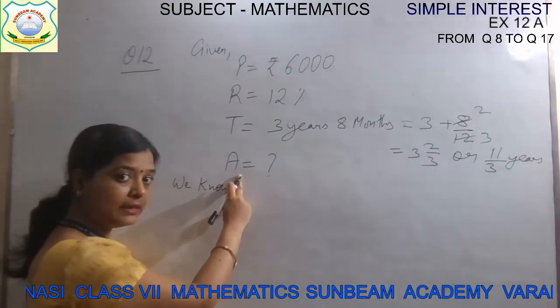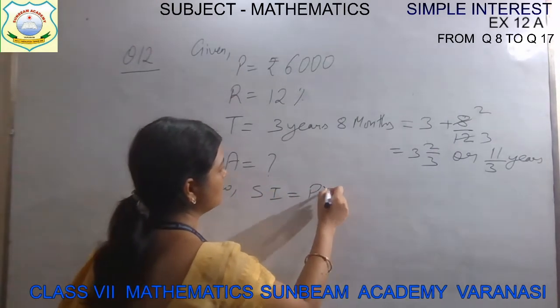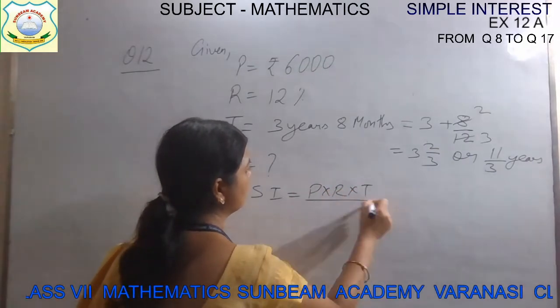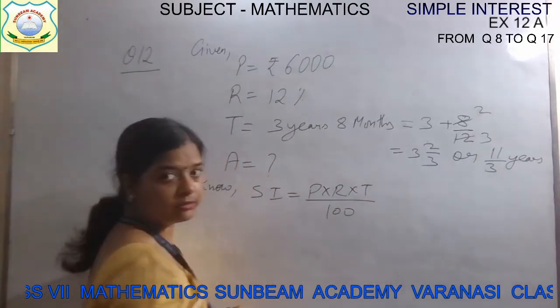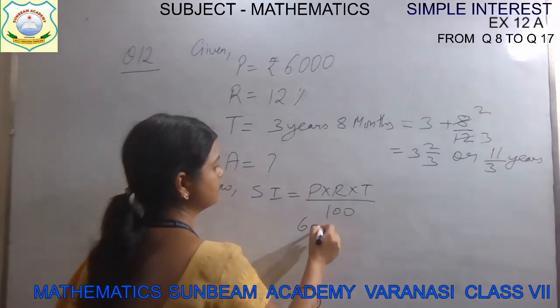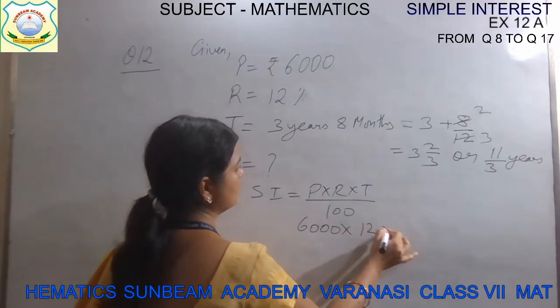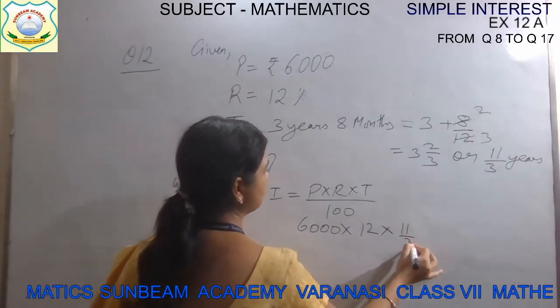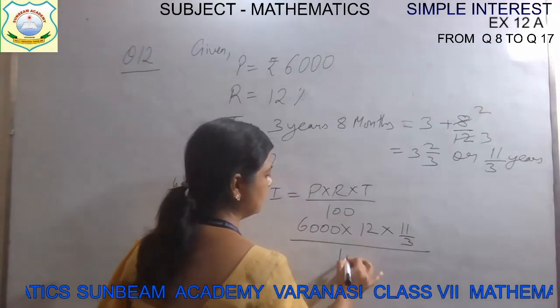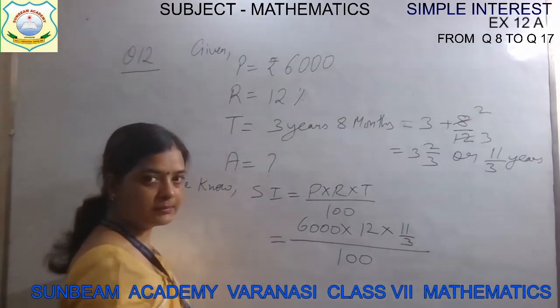We know SI is equal to P into R into T upon 100. So put the values: P is 6,000, rate is 12%, time is 11 by 3, upon 100. This will give you the simple interest.